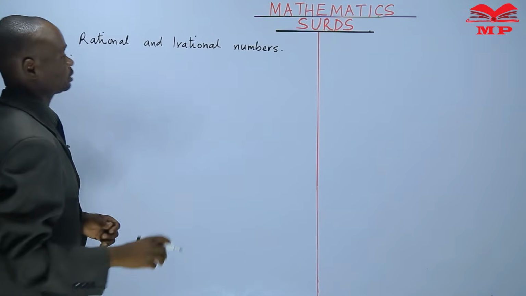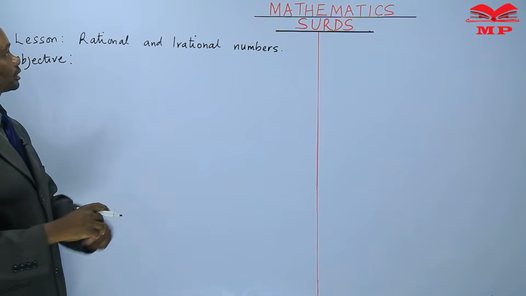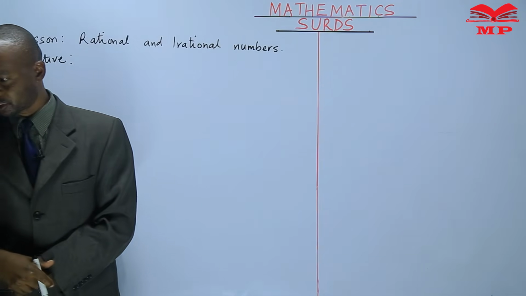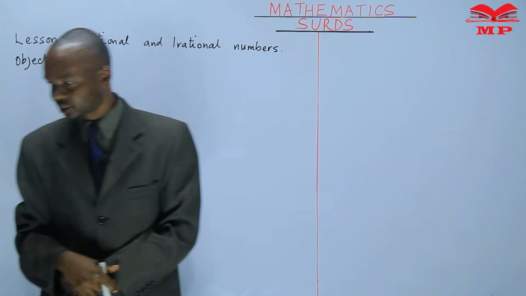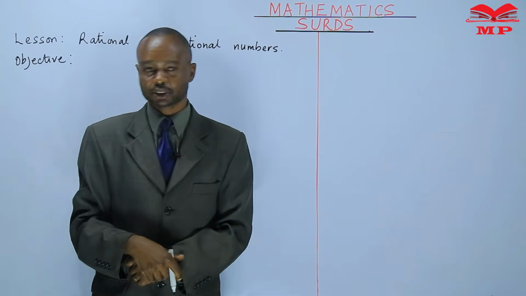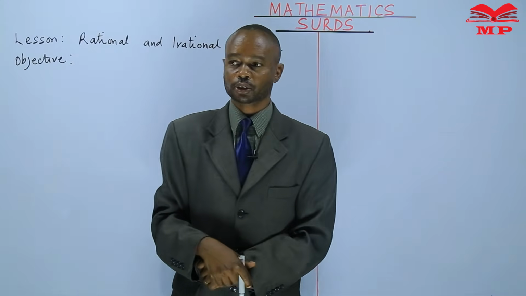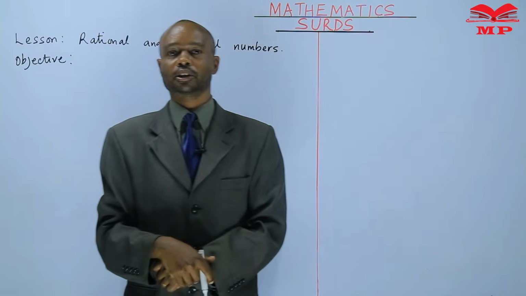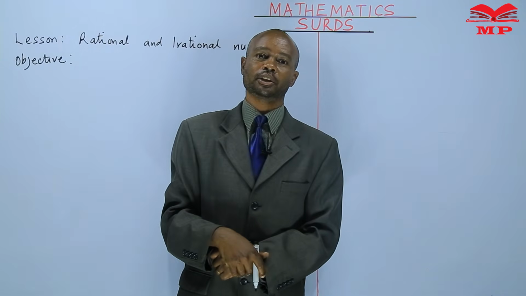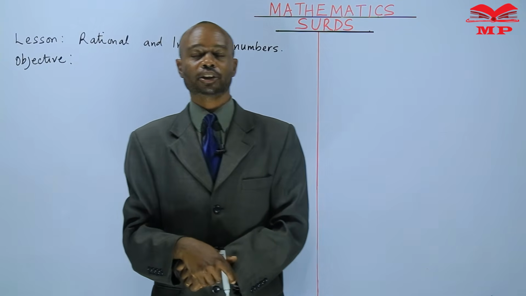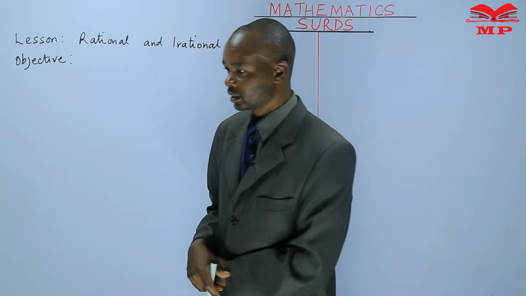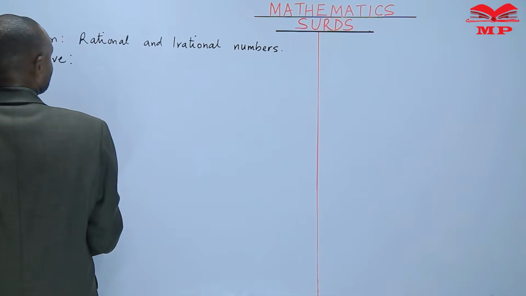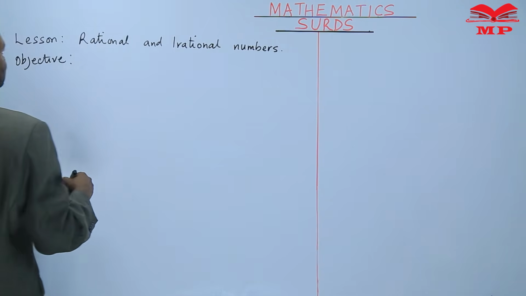The main objective of the lesson is rational and irrational numbers. In this lesson, the main objective is for the learner to differentiate between rational and irrational numbers.